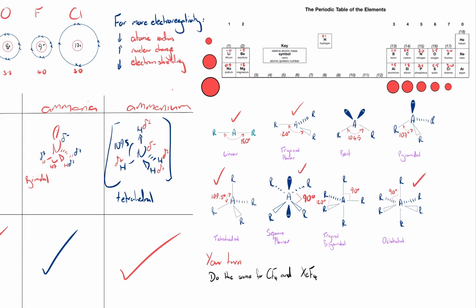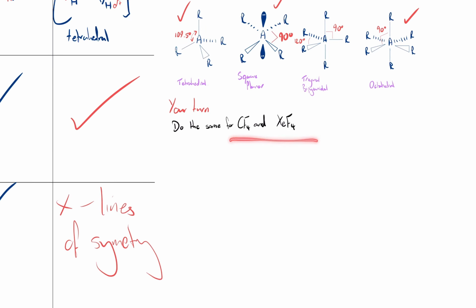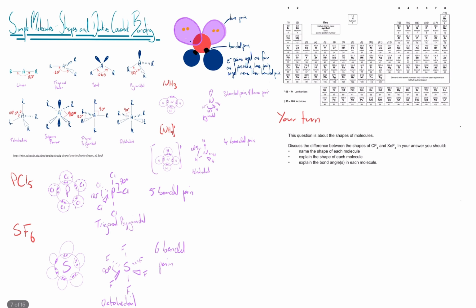All of these, we can have these lines of symmetry as long as these R groups are basically all the same. In terms of the questions that you get asked, that will always be the case. Give that a go for CF4 and XeF4, which is a question I asked about last time. I'll answer that at the end of next video, but this will help with that as well.